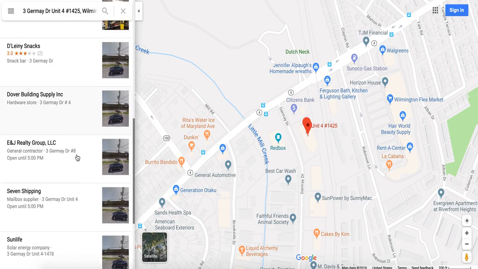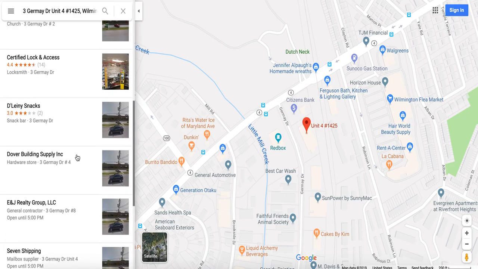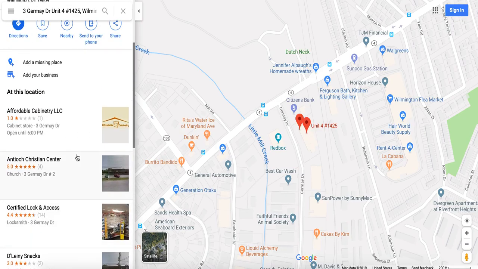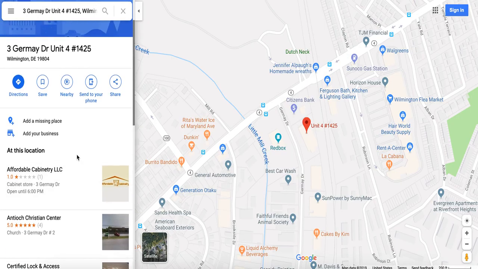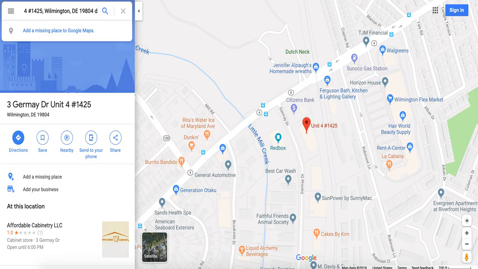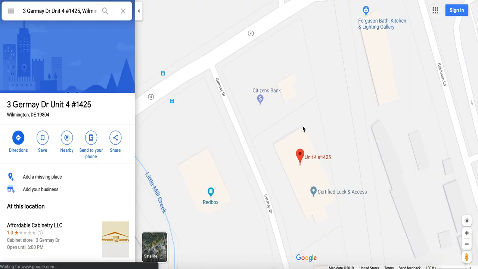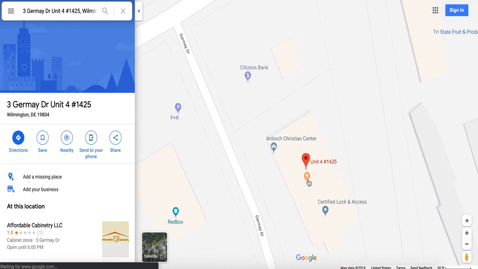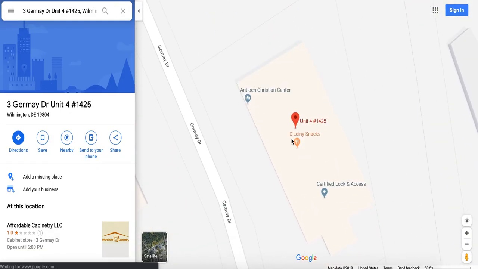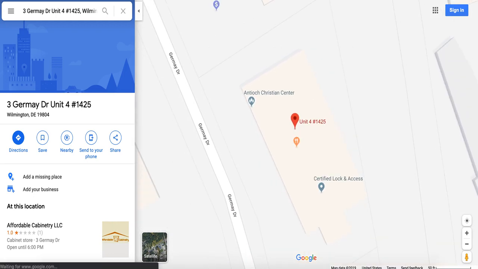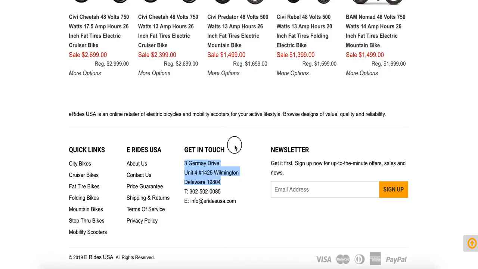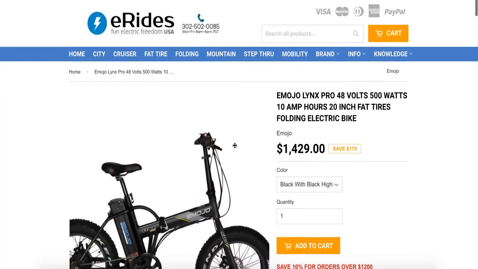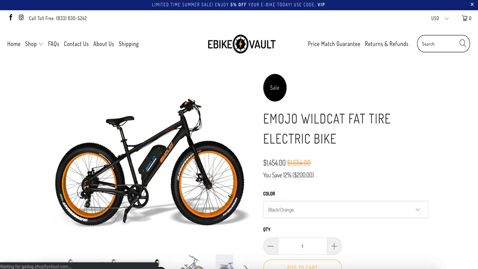Looks like it's probably a UPS store or something like that. See. Yep. So it's probably some sort of UPS store. It's kind of hard to tell. I don't actually see their business here at all. It's a couple other ones. So yeah, we'll go ahead and assume it's an online-only store. That's their mailing address. So we can extract from there too.